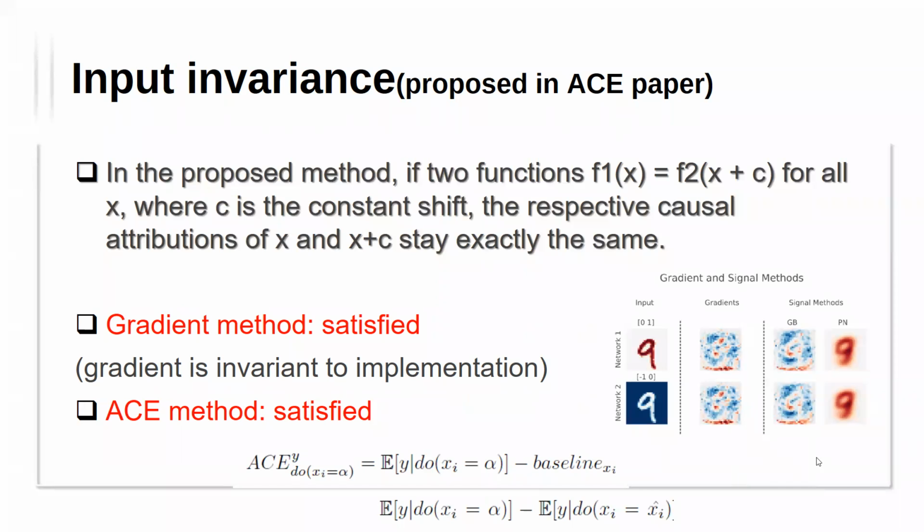So this experiment supports that the gradient method satisfies this axiom. And the average causal effect method also satisfies this axiom. Also, just look at the definition of it. Yeah, it's the same. And how about the integrated gradient?